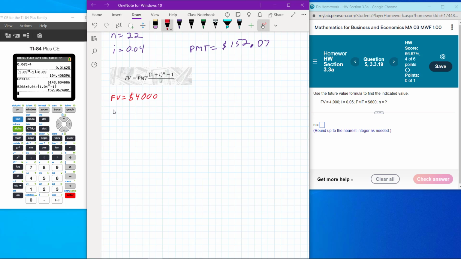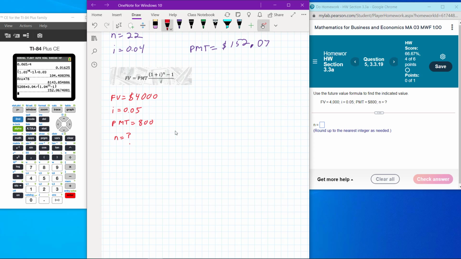The interest rate over the payment period is going to be 0.05. We know that the payment is going to be equal to $800. And we need to figure out what n is.